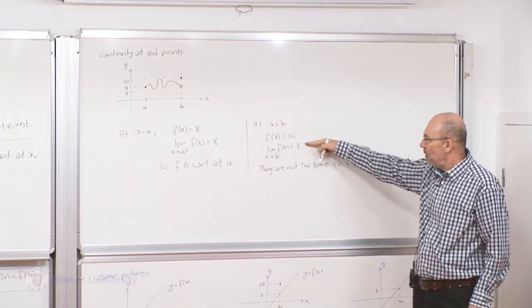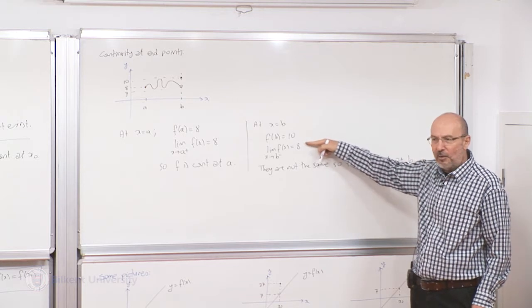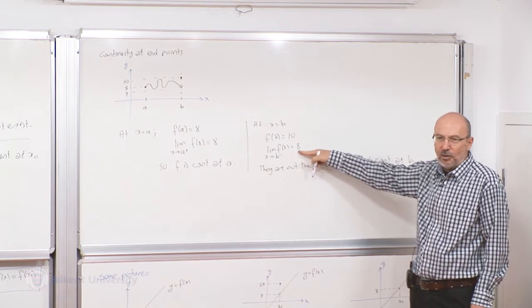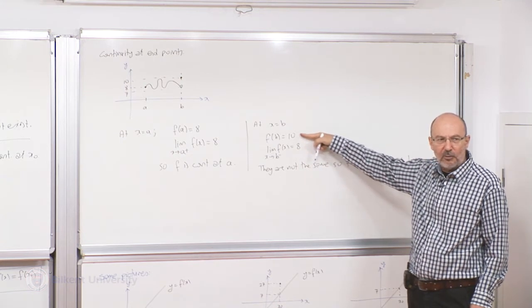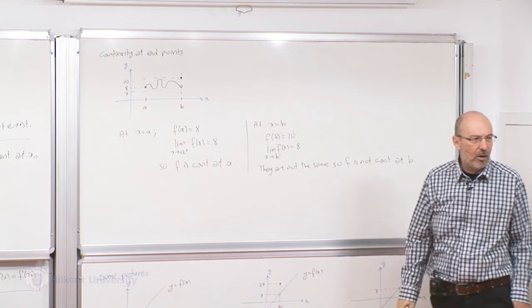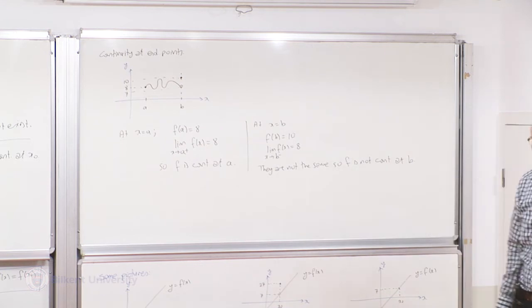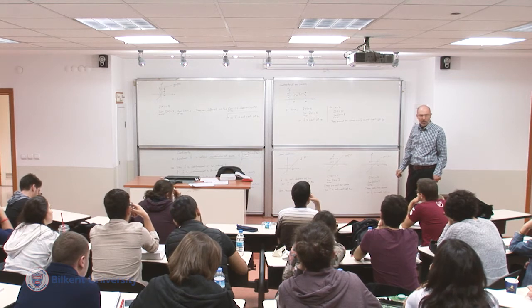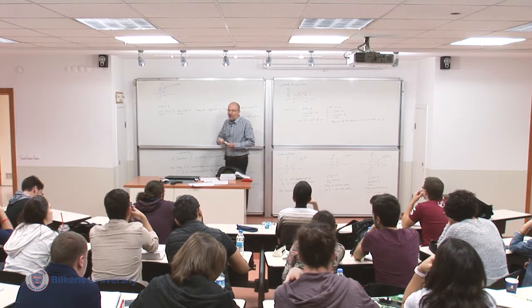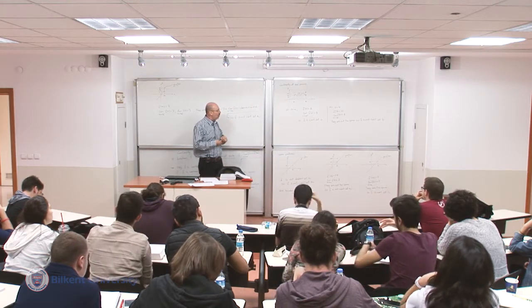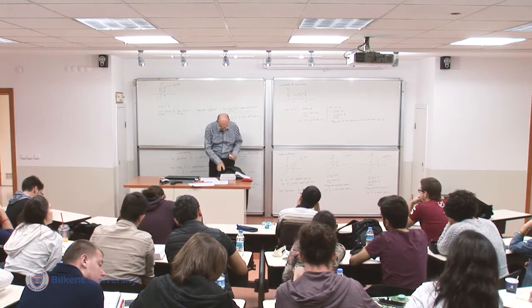But on this side, f is committing a big crime. It has a one-sided limit, which it can only have, but then it's not accepting that value. It's accepting something else. So I'll call you discontinuous at that point. If a function is not continuous, you can call it discontinuous. This is how we talk about the endpoints.